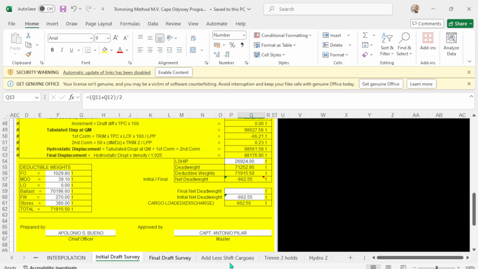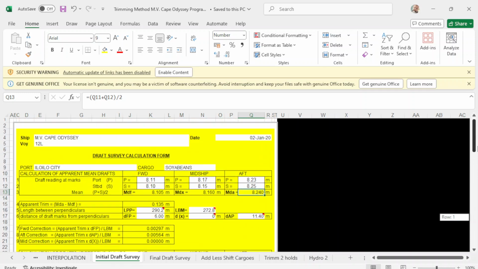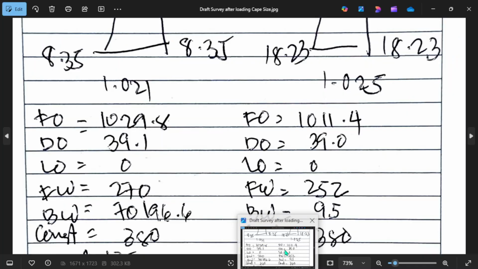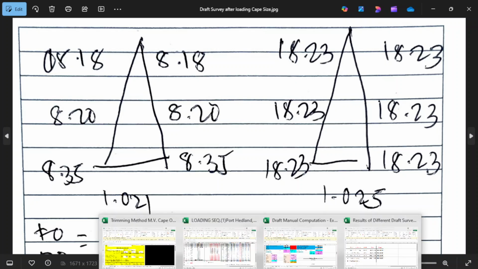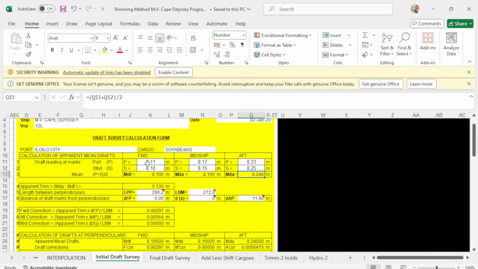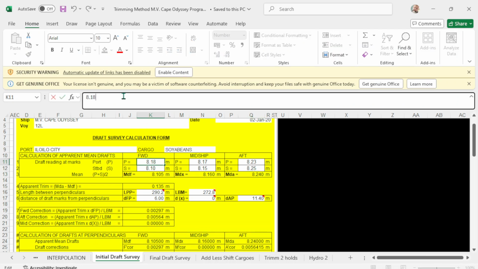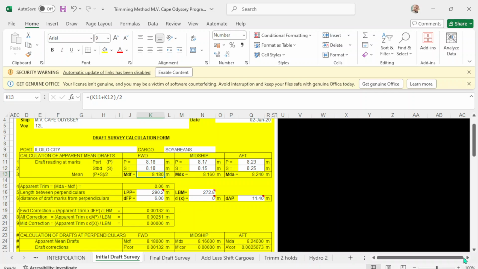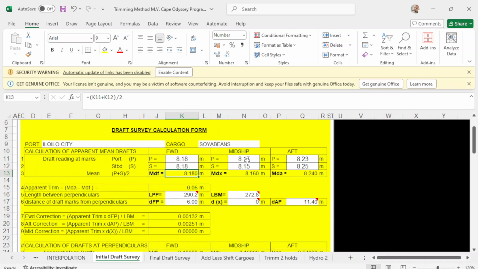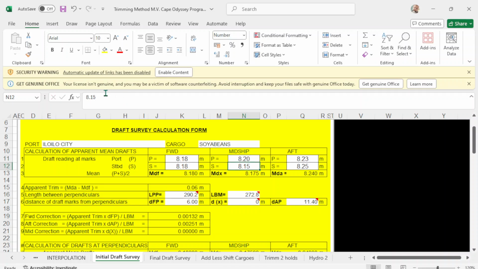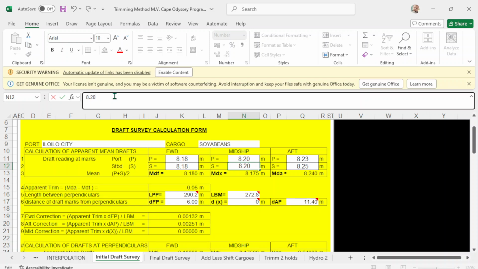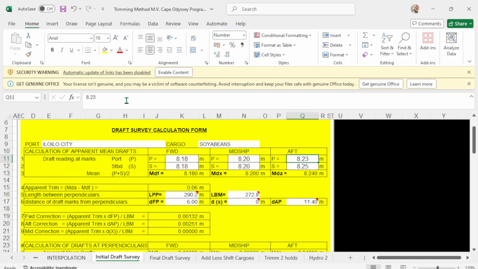Okay, this is my initial. The initial draft is 18, port is 20, starboard is 20, and aft is 35.